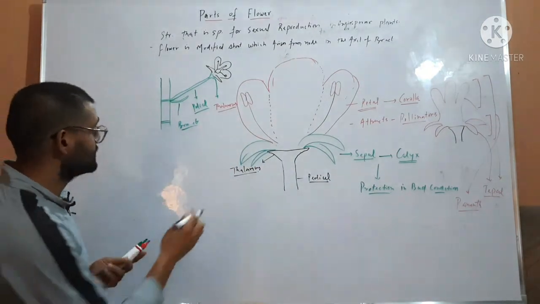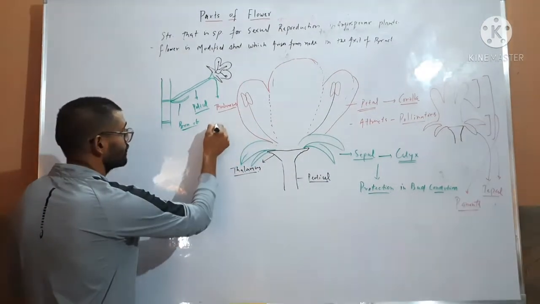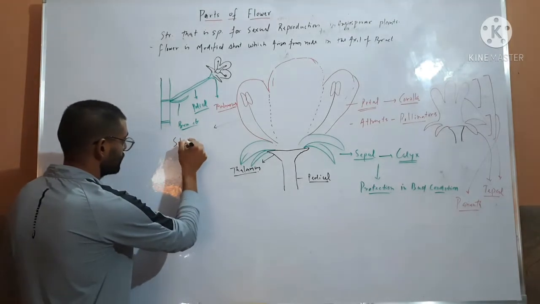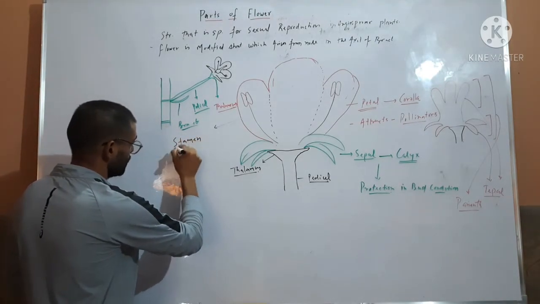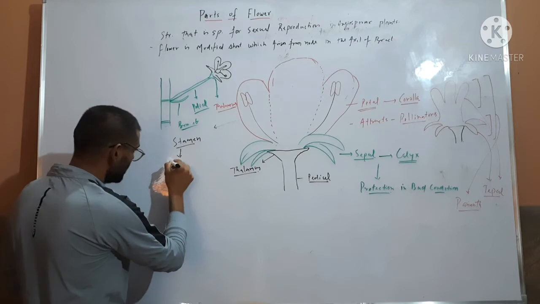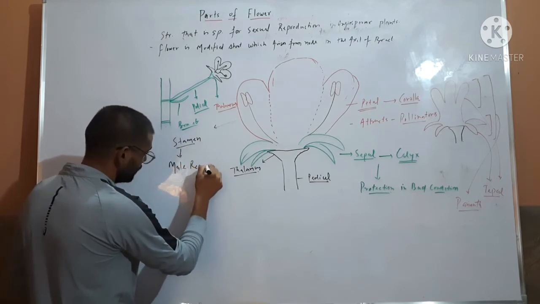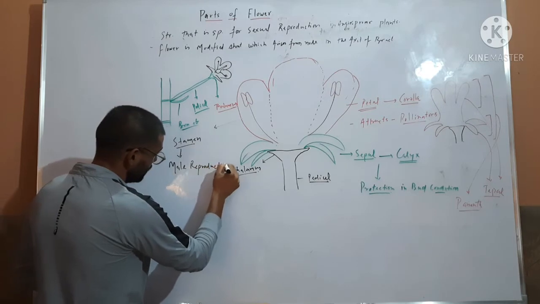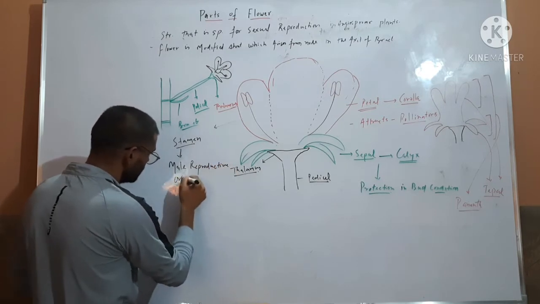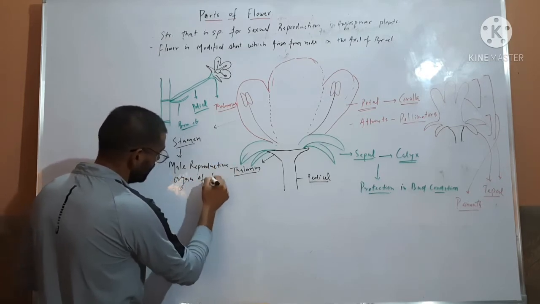So stamen is the male reproductive organ of a flower.